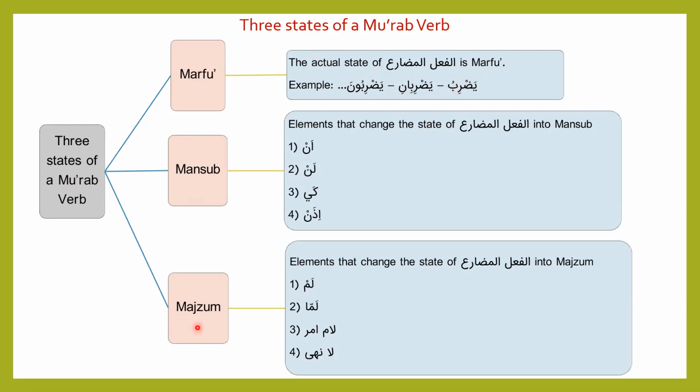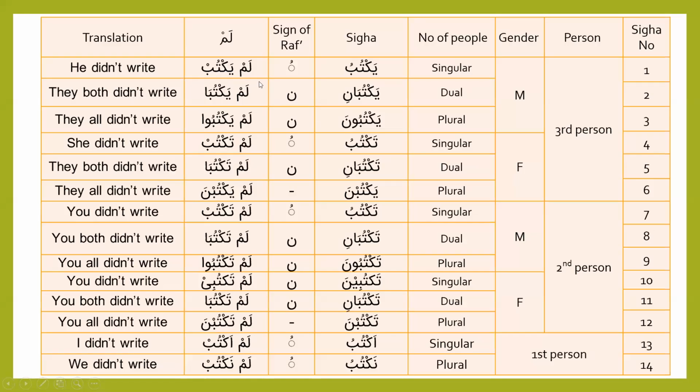Majzoom we did as well. If you remember lam and lamma, we had a discussion on lam and lamma. When lam comes before fail mudari, the alamat raf was removed. I can show you. We did that before. Yaktubu, yaktubani, yaktubuna, taktubu, taktubani, yaktubna, taktubu, taktubani, taktubuna, taktubina, taktubani, taktubna, aktubu, naktubu.